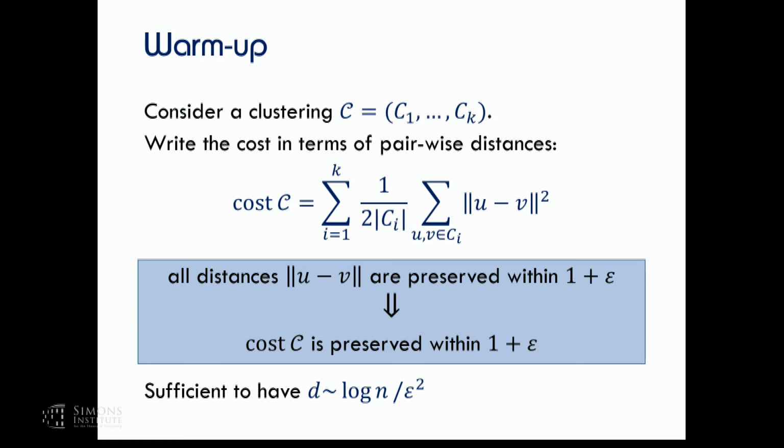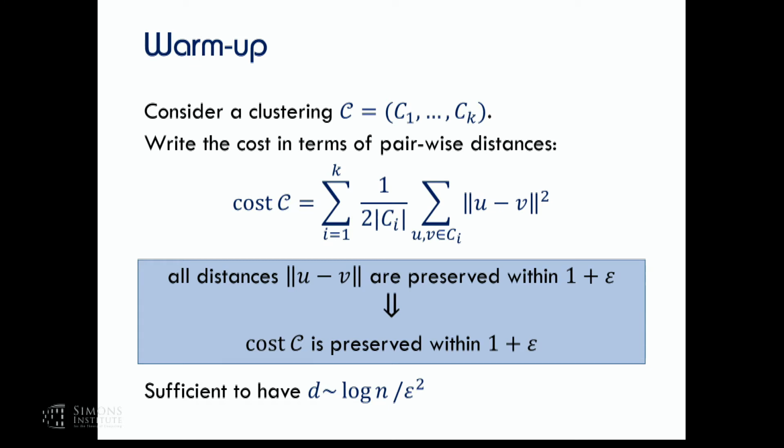Okay, now let's assume that d is logarithmic in n, and see why in this case the claim is easy. And here it's very useful for us that we can write the objective function in terms of pairwise distances between points. So we use this formula for the cost of clustering C. This is a pretty well-known formula.